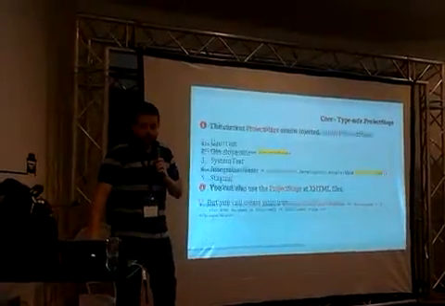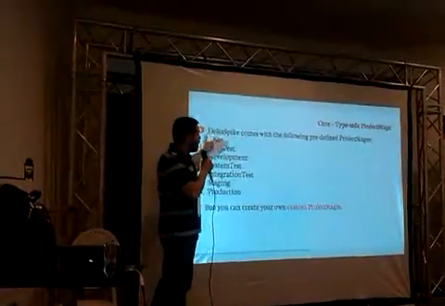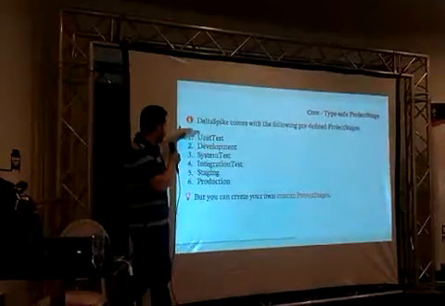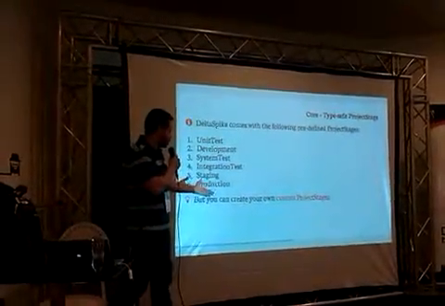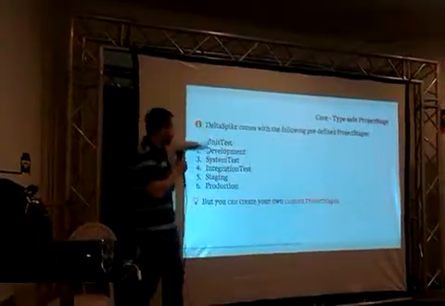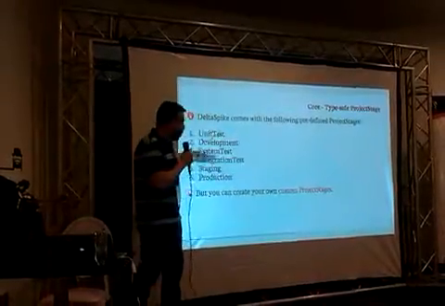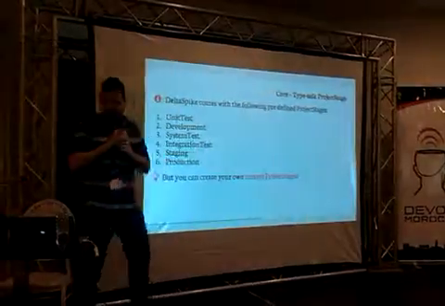By the way, DeltaSpike comes with the following predefined project stages. It comes with unit test, development, system tests, all of them that I talked about. But if your company uses a different project stage, an exotic project stage that's not covered here, you can create your own project stage. Okay?